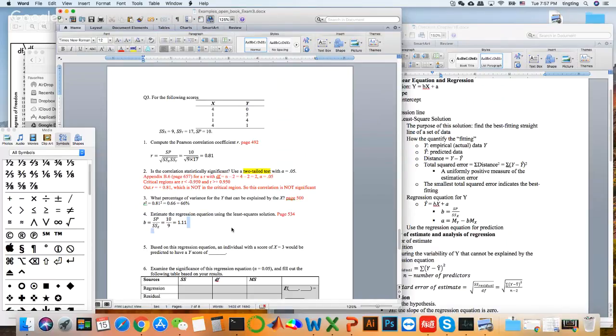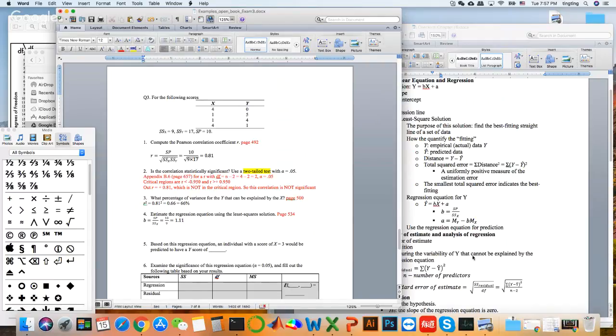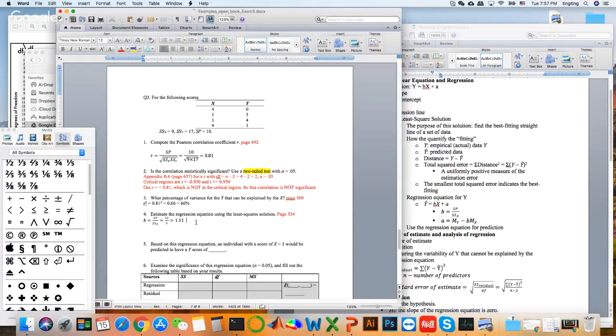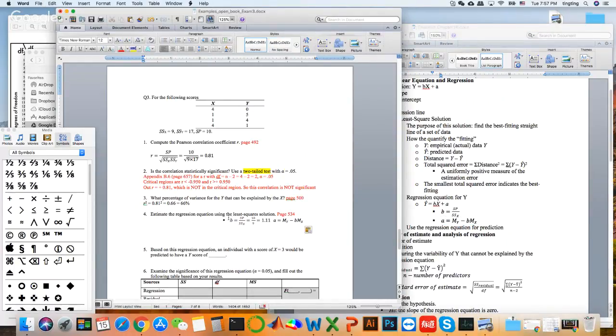And then we compute a, right? Which is My minus b times Mx. My is the mean of Y. So just simply compute.